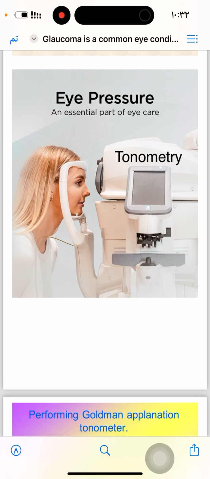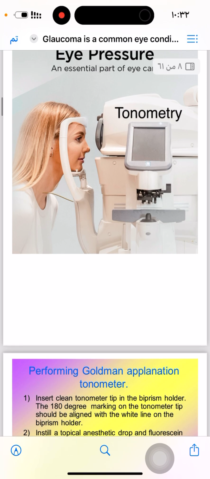Eye pressure is an essential part of eye care. At first, we have this device named tonometry.